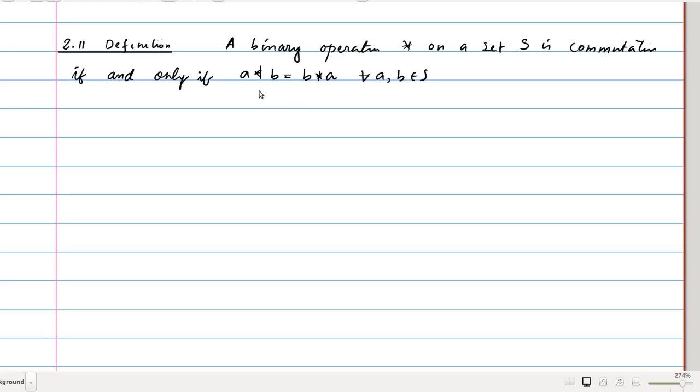That means if you assign an element to A star B, the same element should be assigned to B star A. That is the meaning of commutativity.